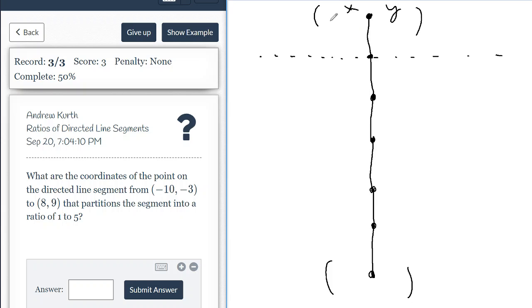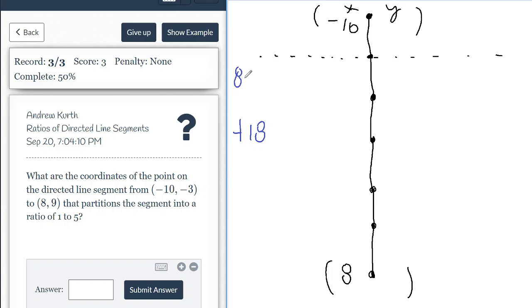Now I'll fill in my start, x equal -10, and my finish, x equal 8. So to get from -10 to 8, I'm going to add 18. And just to confirm with you how we figure that out, we have x2 minus x1.